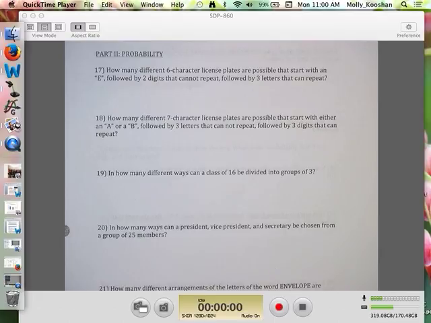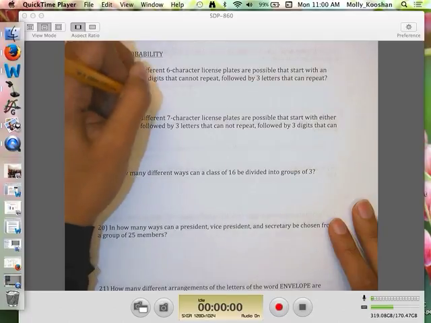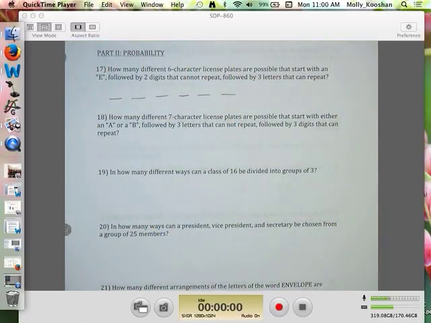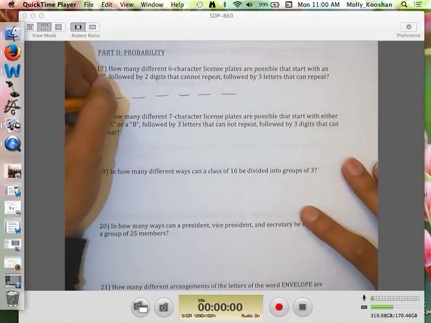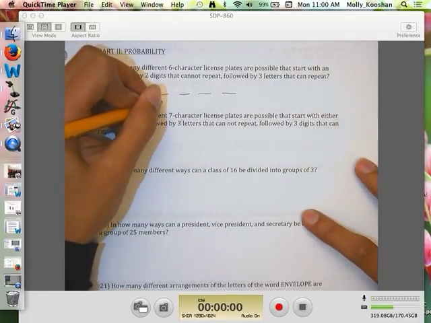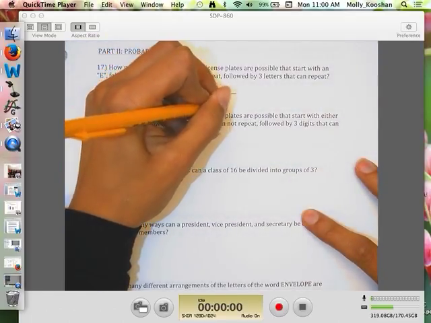How many different 6-character license plates are possible that start with an E, followed by 2 digits that cannot repeat, followed by 3 letters that can repeat? Okay, so 6 characters. So we're going to put 6 slots. It has to start with an E, and then 2 digits, and then 3 letters.